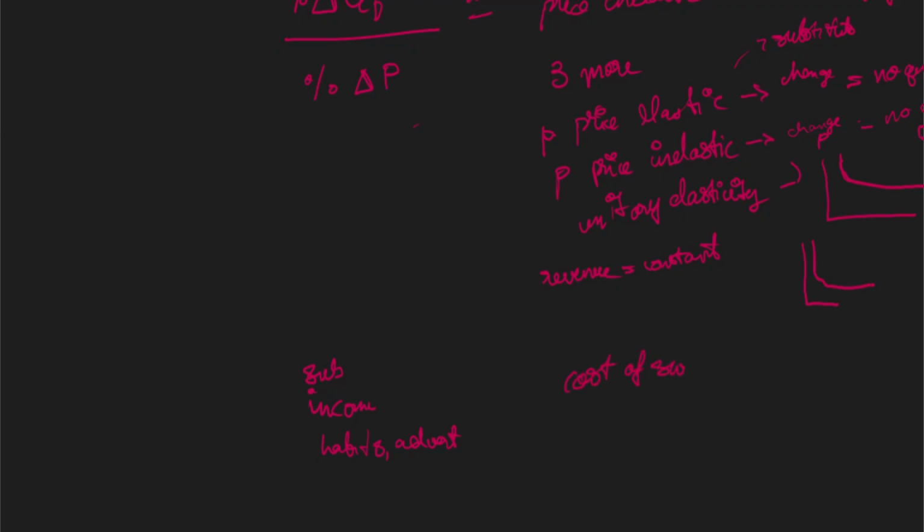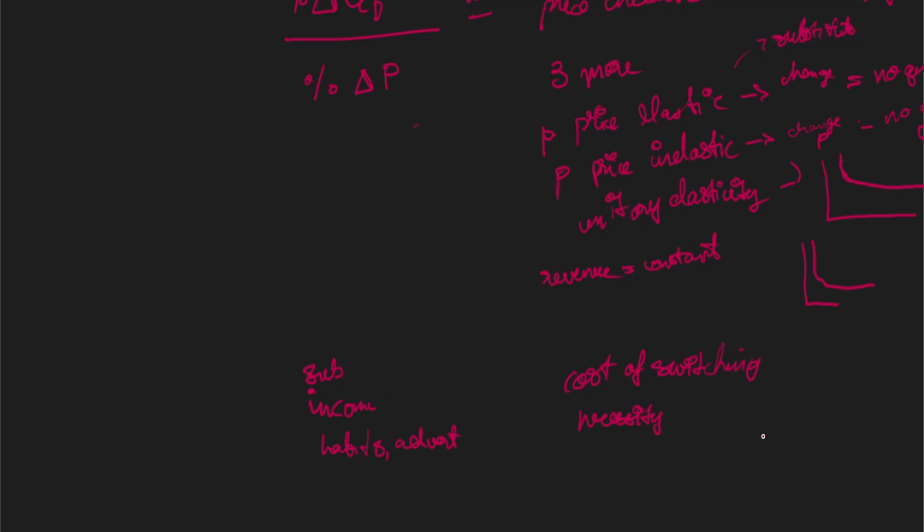So if there's a high cost of switching, it's probably going to be price inelastic. And then necessity. So if something is essential, then it's going to be price inelastic because you need it. If something is a luxury good and it's really expensive, you're probably not going to buy it because it's not necessary. You can live without it.